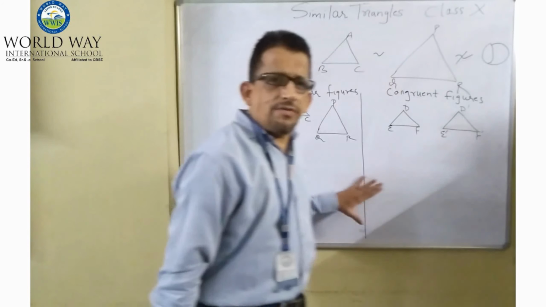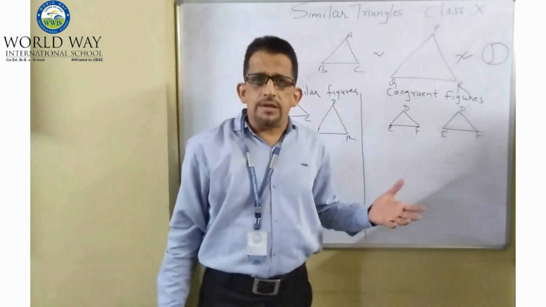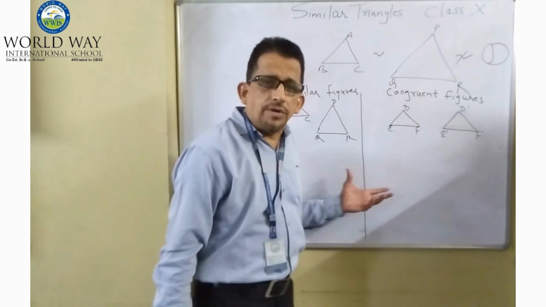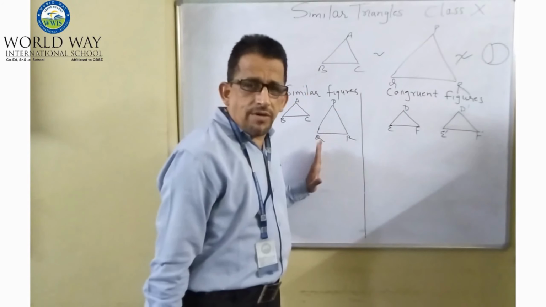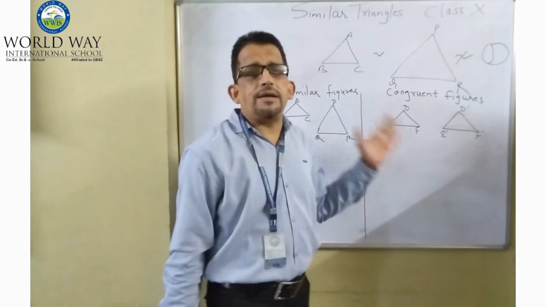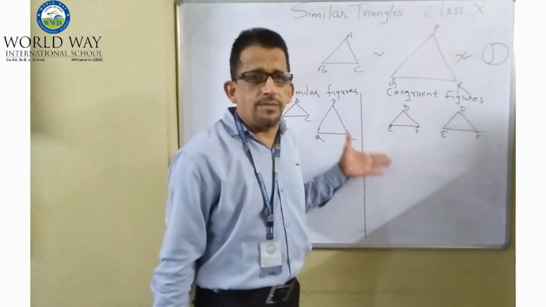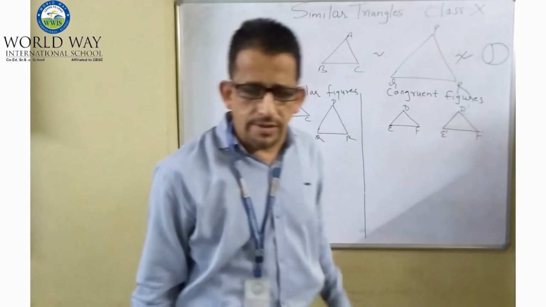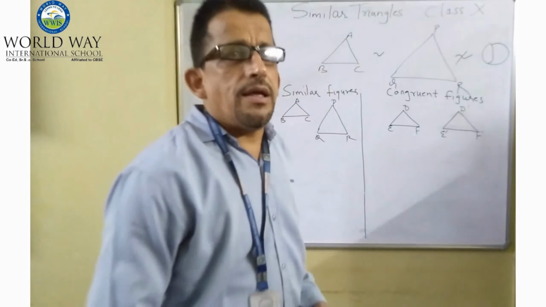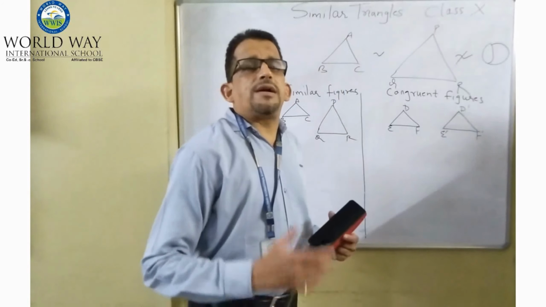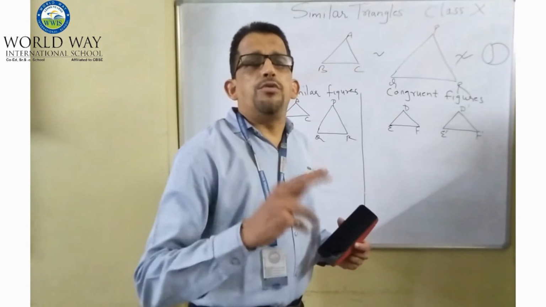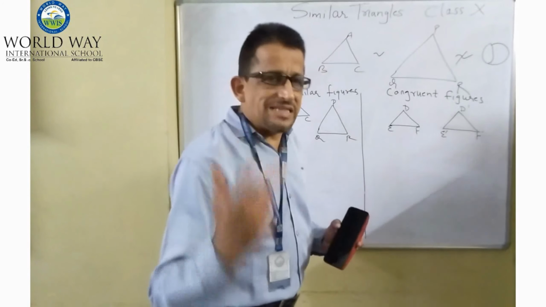In 9th class we have already learned about congruent triangles and all the criteria of congruency. But in 10th class we have to learn about similar triangles and the criteria for two triangles to be similar. So today, first we have to check what are the conditions required for two polygons to be similar.